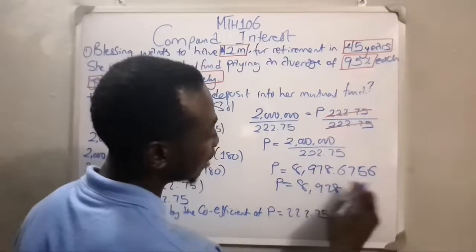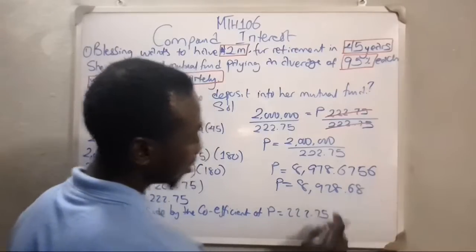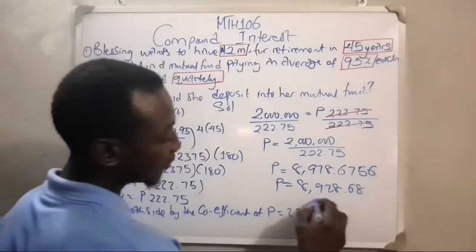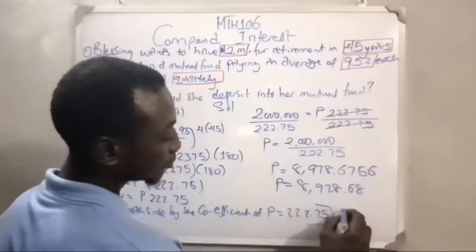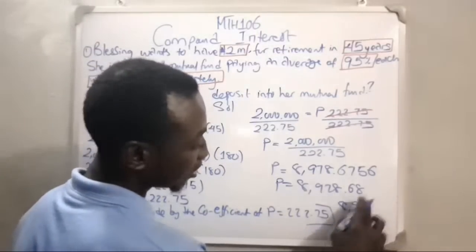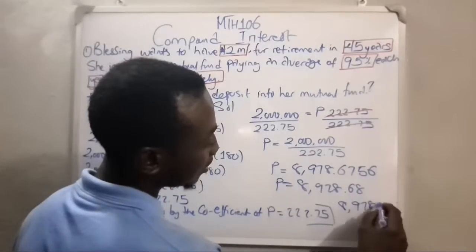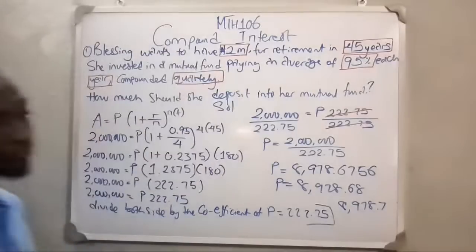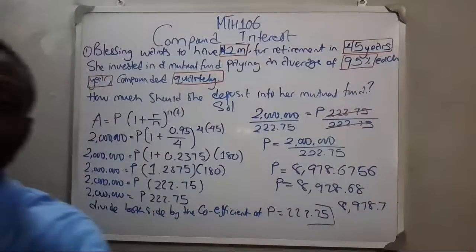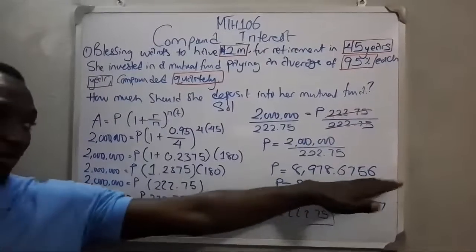If it's to two decimal places, then we have 68, or we have 8,978.7. All right, it all depends, but basically let's just go with this.